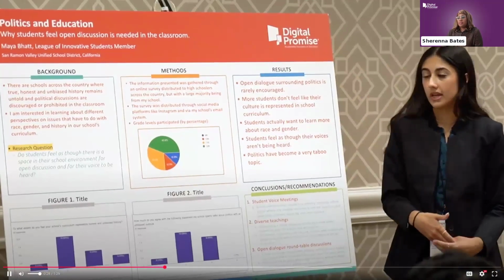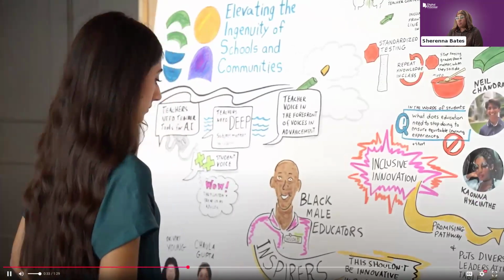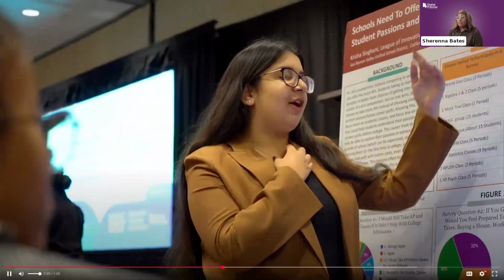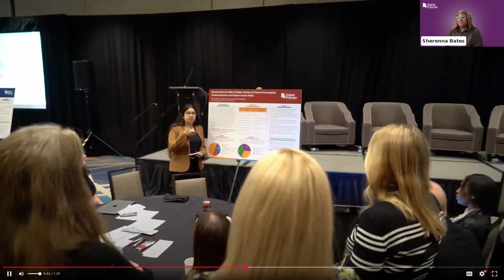Being part of the League of Innovative Students, I've learned so much. The research and design process and how to create conversations that will hopefully lead to the change you want to see. The League of Innovative Students is that place where you can be like, hey, I have this thought or I have this idea. See like people listening to my research and feel like they're actually trying to bring change based off of my research.